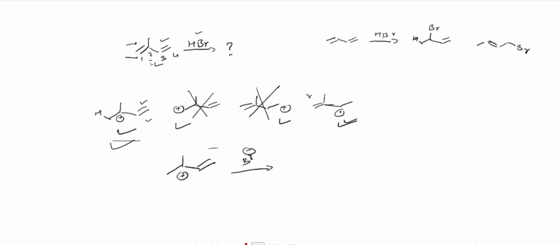Now, the second step, which is the fastest step in this reaction, would be the attack of the bromide ion on the carbocation. Now it has two options, whether to go for the tertiary carbon, or whether to go for this terminal carbon.